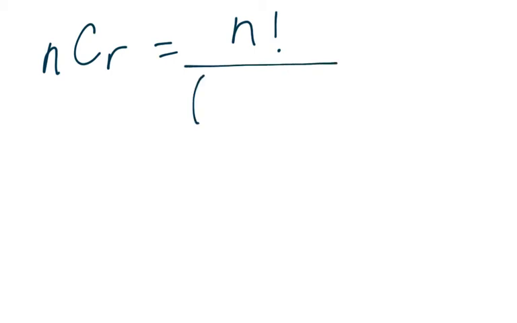I'll remind you one more time that the general formula for n choose r is n factorial over n minus r factorial times r factorial. We're just going to remind ourselves of that because the next thing we're going to do is actually calculate combinations.